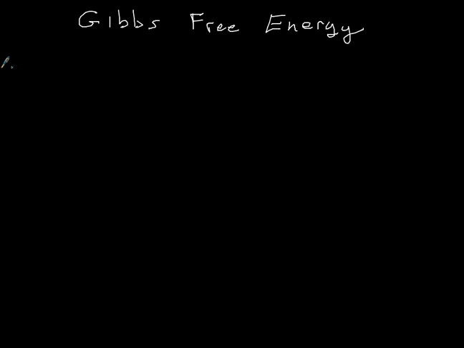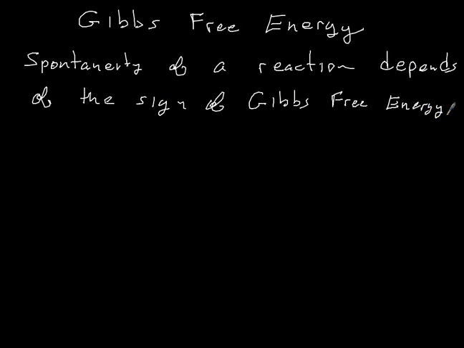Make sure you write this down or memorize it: the spontaneity of a reaction depends on the sign of Gibbs free energy. If you know the sign of Gibbs free energy, you know if a reaction is spontaneous or not. The symbol for Gibbs free energy is a capital G.